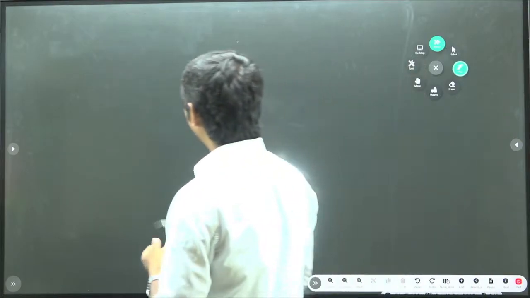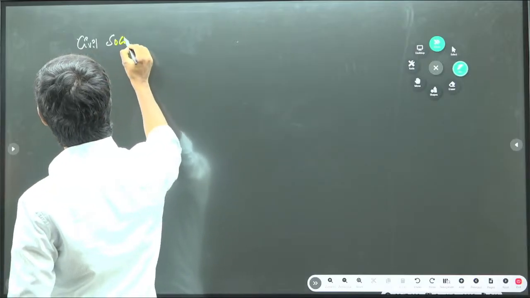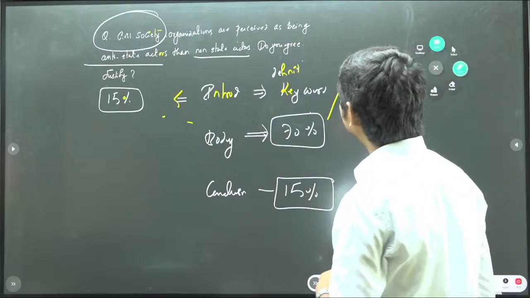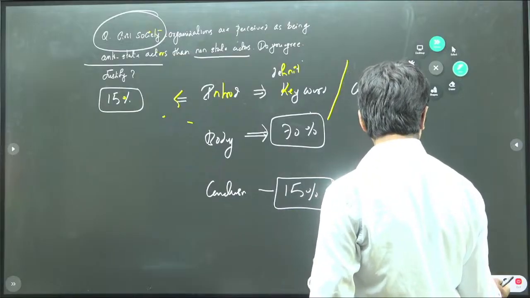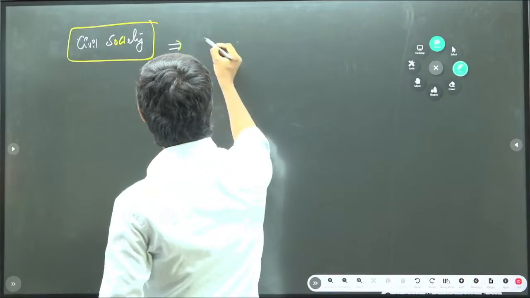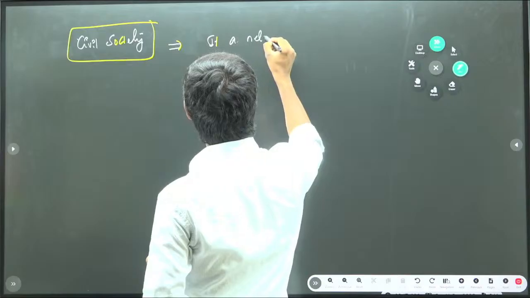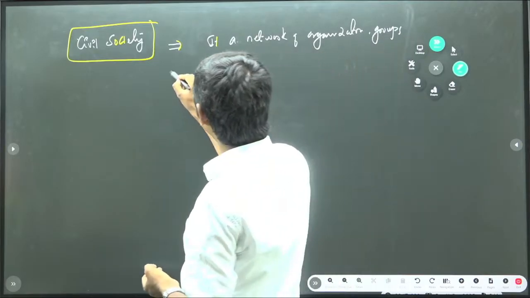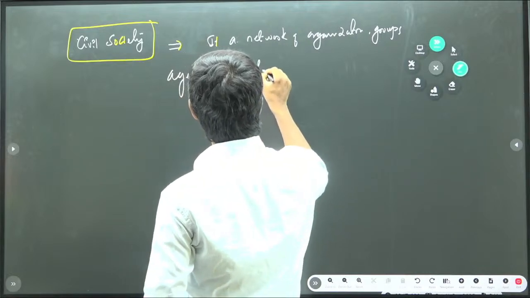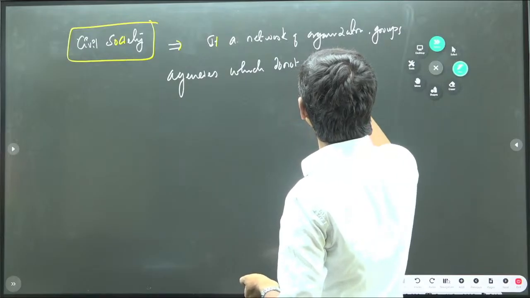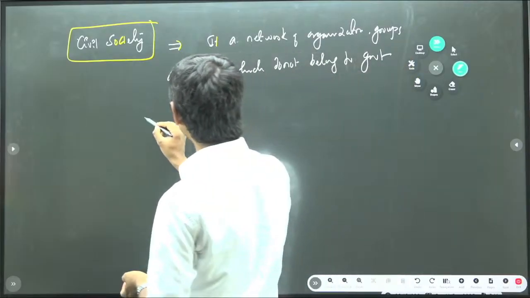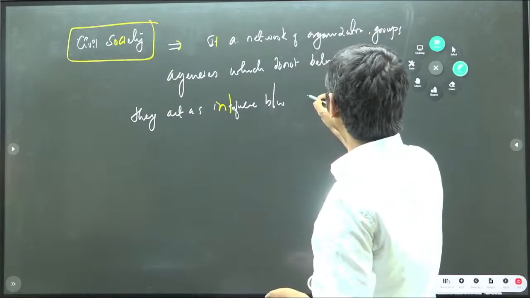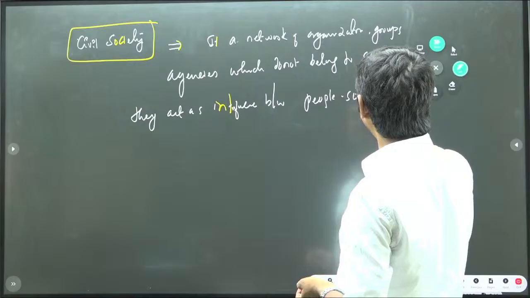First of all, we need to understand what is civil society. This question is from the governance syllabus. Civil society means a network of organizations, groups, agencies which do not belong to government, and they act as an interface between people, that is society, and government.